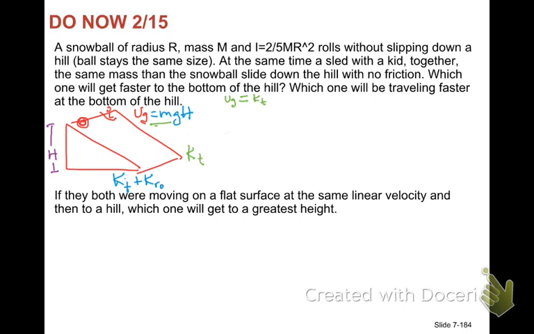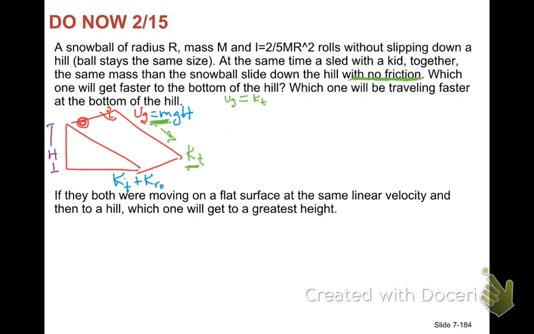I know that there is an energy transformation that tells me that all the potential energy that is up here will be transformed into kinetic energy. But how do I know that nothing is getting lost to friction, for example? Well, the problem says the sled is sliding down the hill with no friction. So I know that friction is not taking energy away.